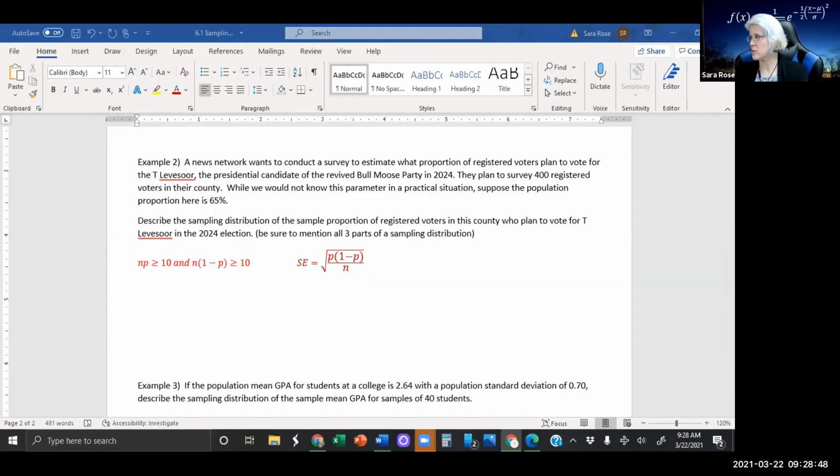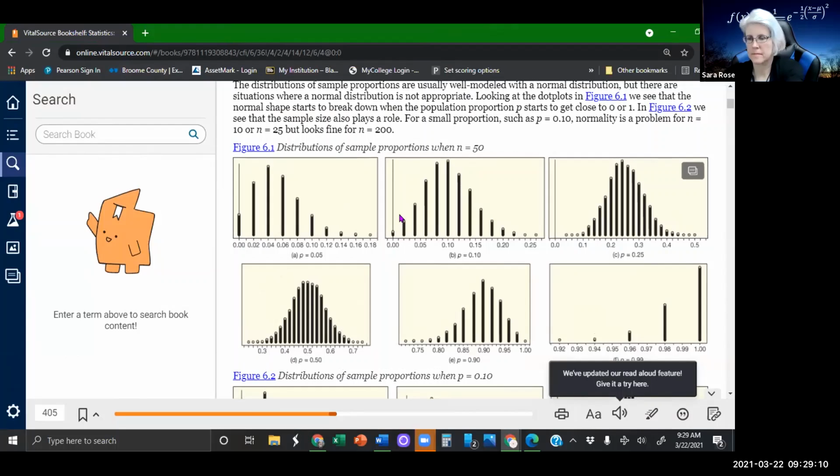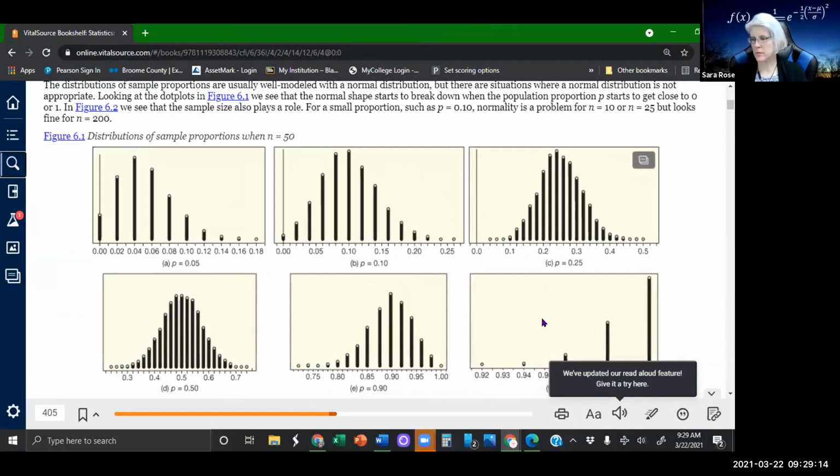What happens if we do not have that to be true? Well, in your e-text, it gives you examples of what happens to the n times p and the n times 1 minus p for various situations. There we go, that's a little bit bigger for you. Here we have a sample of 50, which is a decent sample size.